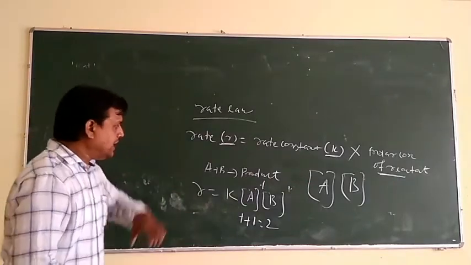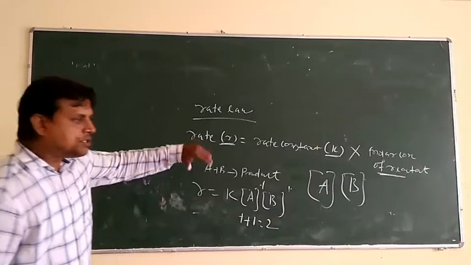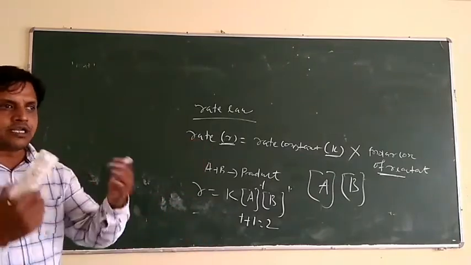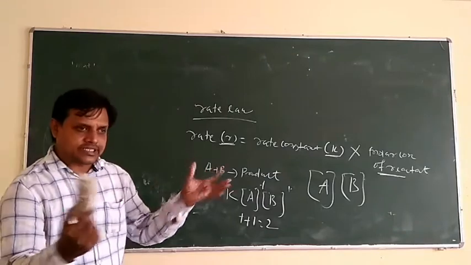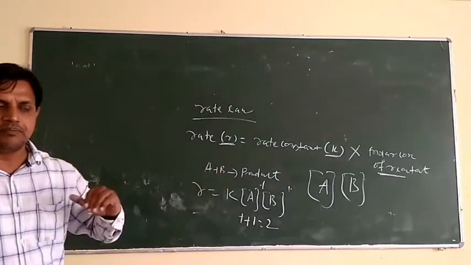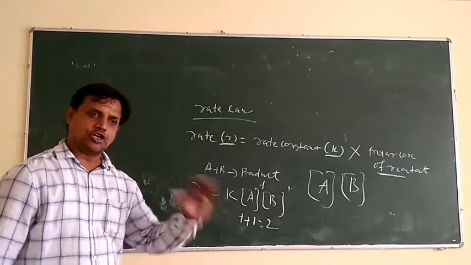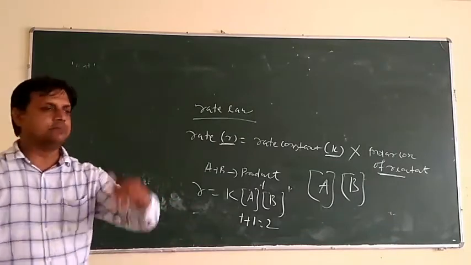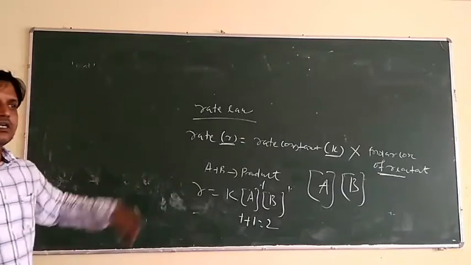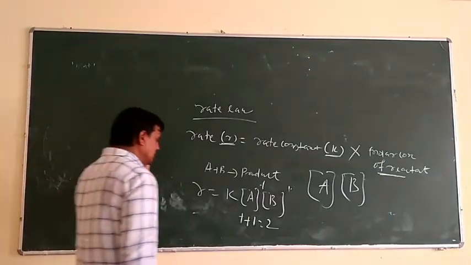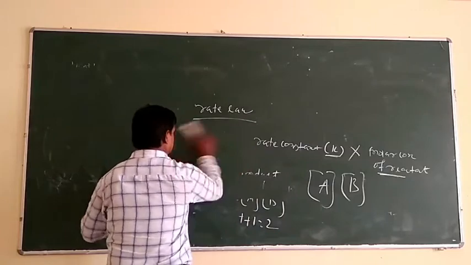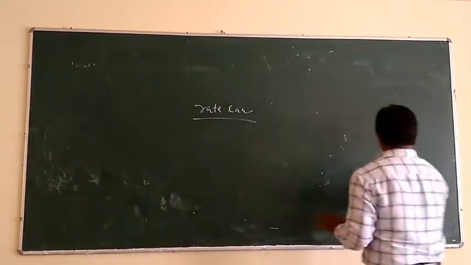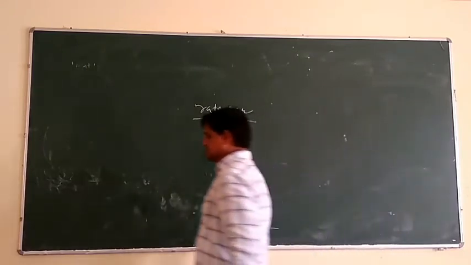So depending upon the sum of the powers, the order may be zero order, first order, it may be second order, it may be third order. So we will discuss one by one. So first, first order reaction.